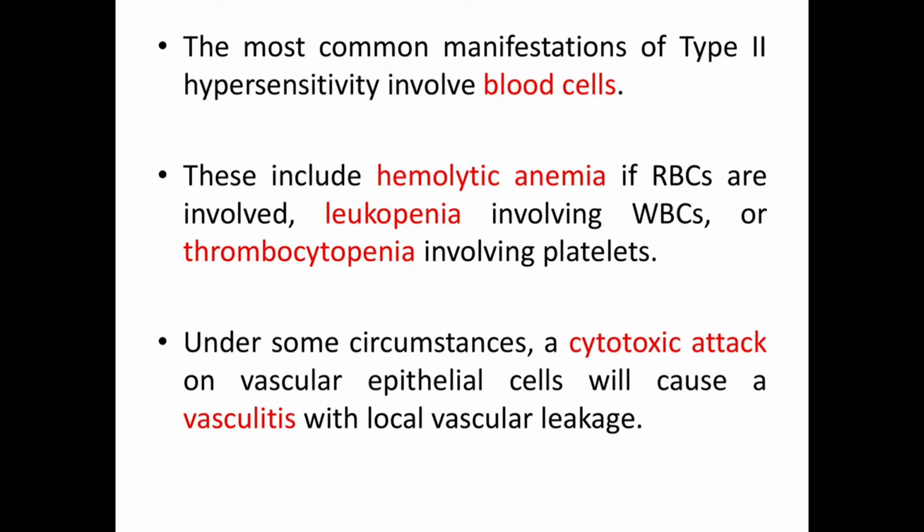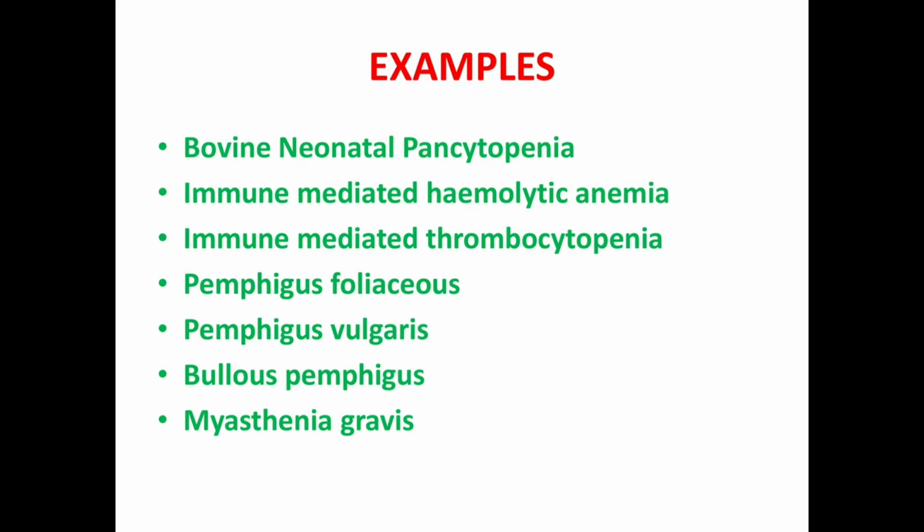These include hemolytic anemia if RBCs are involved, leukopenia if WBCs are involved, or thrombocytopenia involving platelets. Under some circumstances, a cytotoxic attack on vascular endothelial cells will cause a vasculitis with local vascular leakage.